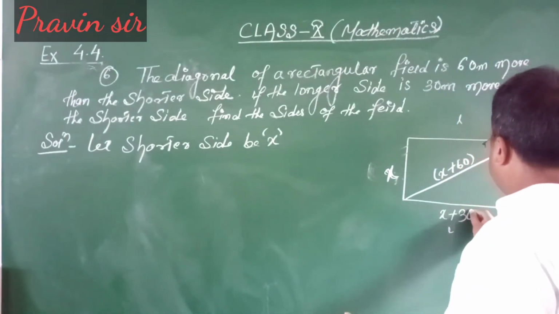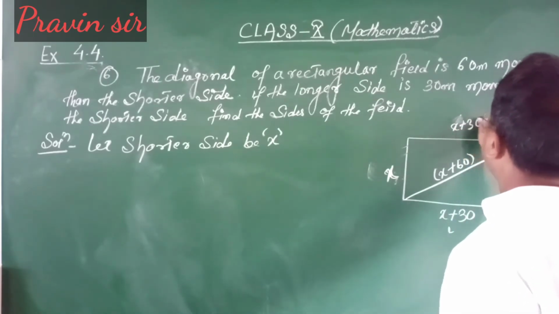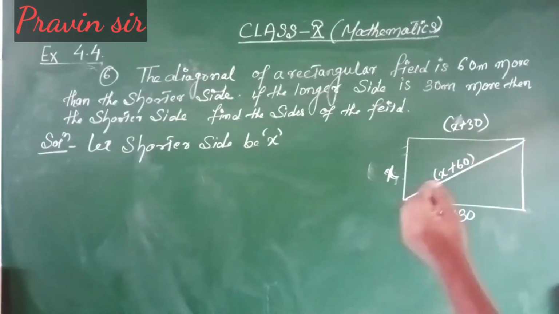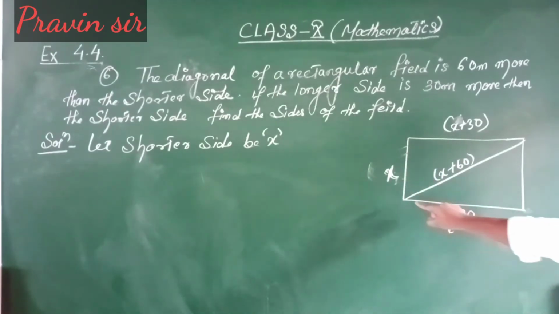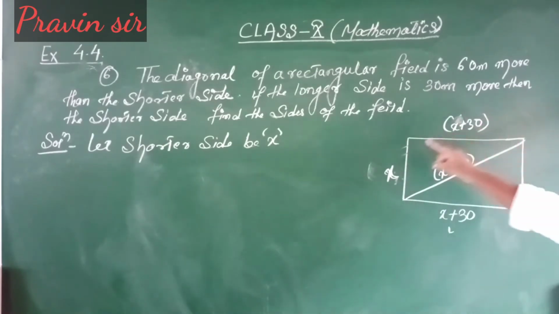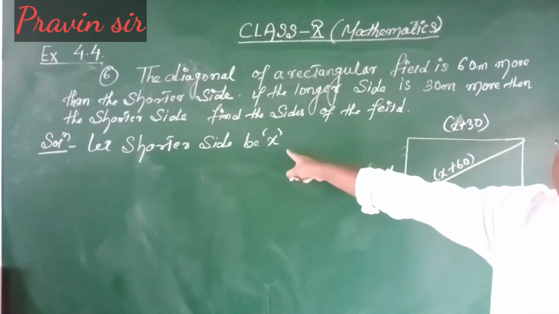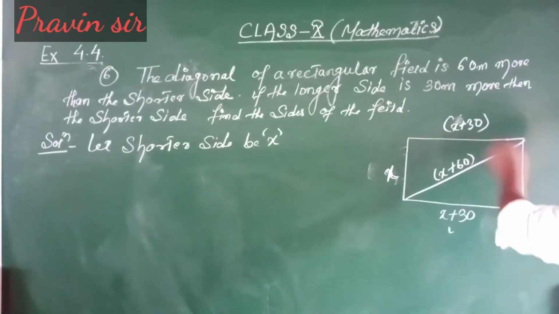So the longer side is x plus 30. Is it clear to you? Okay. Now you see this one. This is the thing we got from here. What was diagonal? Diagonal is 60 meter more than the shorter side. Shorter side we suppose x. And the longer side definitely it will be what?